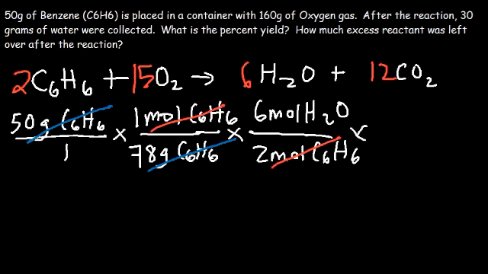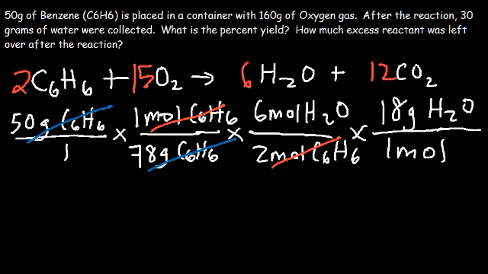Now let's convert moles of water into grams of water. What's the molar mass of water? We have 2 hydrogen atoms plus an oxygen atom. 2 plus 16 is 18. So the molar mass is 18 grams of water per 1 mole.